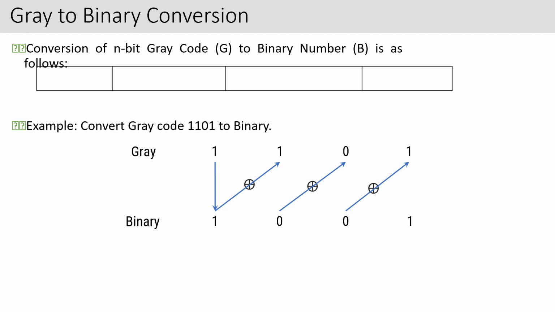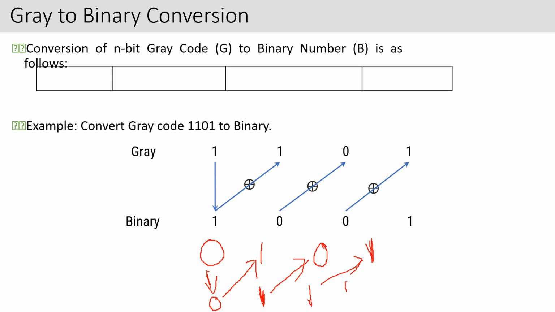Suppose my question is 0 1 0 1, and say this is the gray code. I want to convert it into binary. So what will I do? I will write the 0 as it is. Then 0 1 is 1. Then 1 0 is 1.